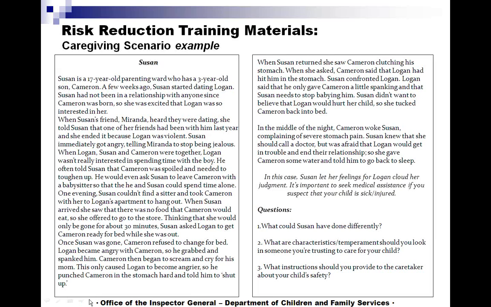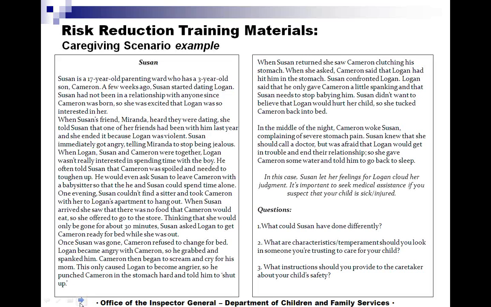She puts the child back in bed. Subsequently, she gets up a little later in the day, and she finds that her son is pale. She takes him to the hospital, but at that juncture, it's a little bit too late, and her son actually dies.